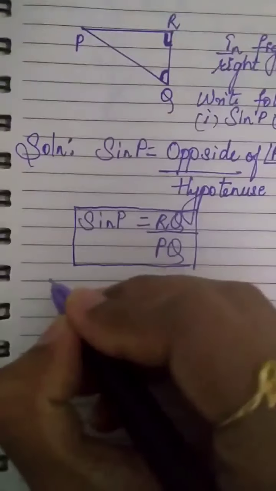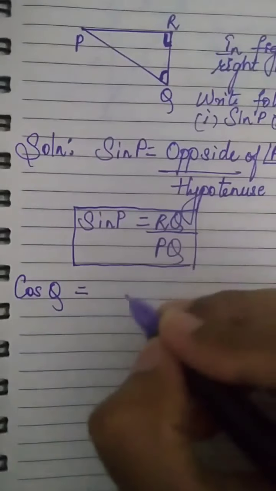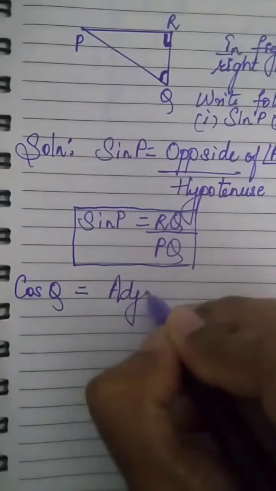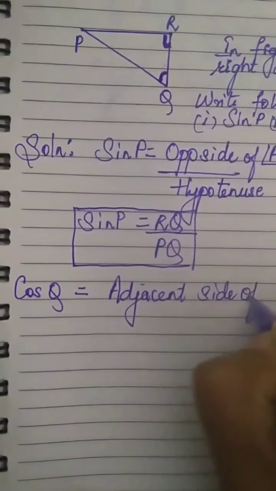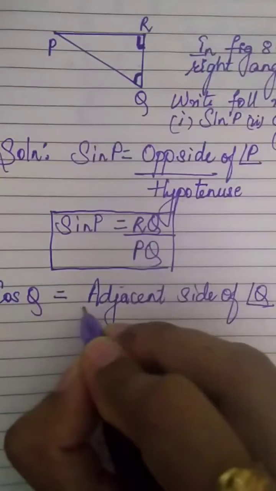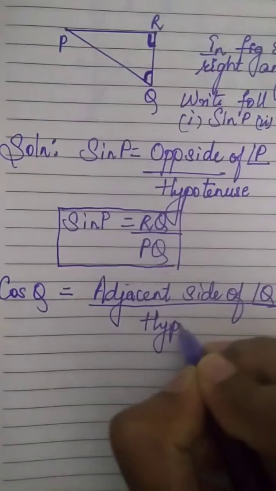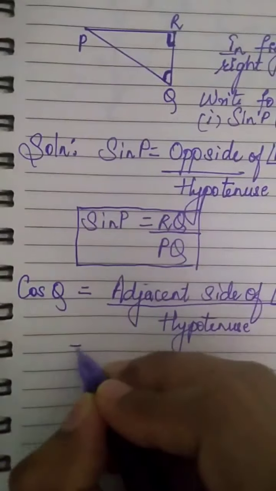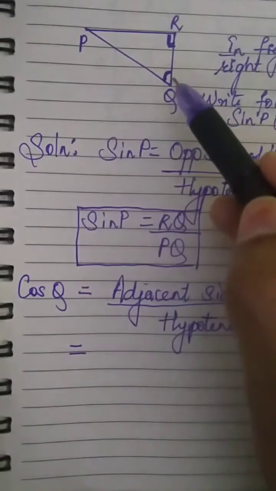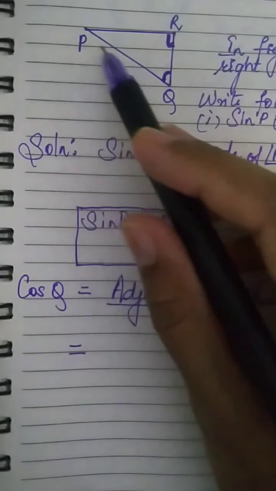Now the second question is cos Q. Write the formula. Cos is adjacent side of angle Q upon hypotenuse. If this is the angle Q, the adjacent side of angle Q is the one beside it.